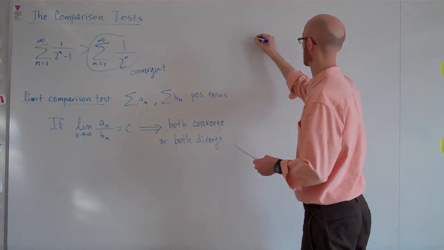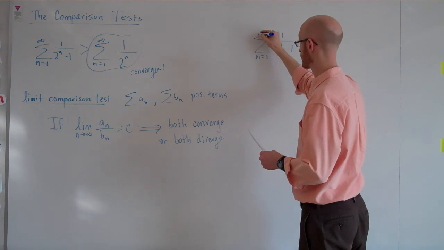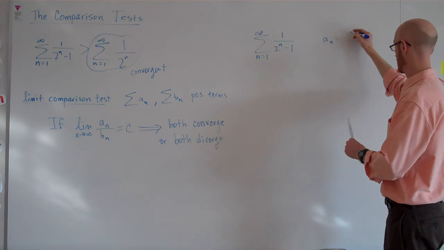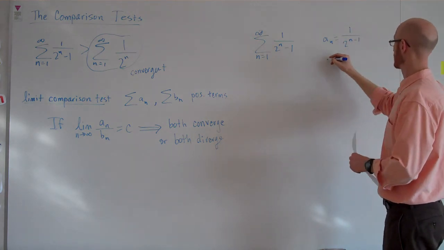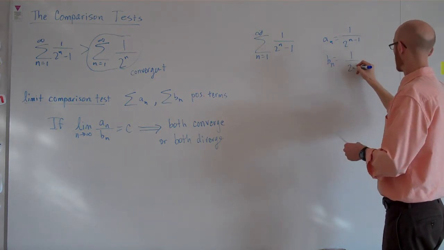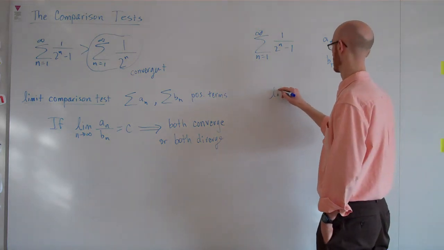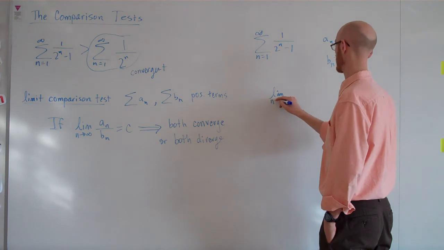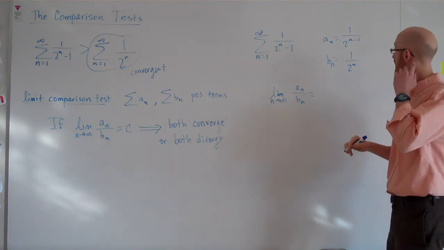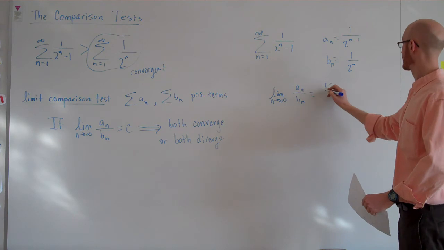So now let's get back to this question that pushed us off of our old comparison test, and into this new one. If we let a sub n equal 1 over 2 to the n minus 1, and b sub n equal 1 over 2 to the n, the limit as n approaches infinity of a sub n over b sub n will equal, well, that stuff.